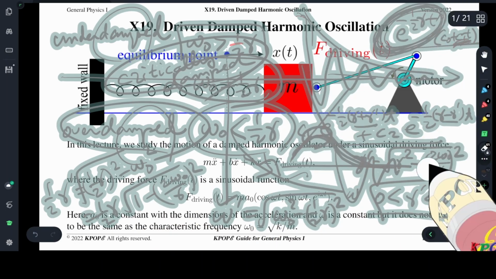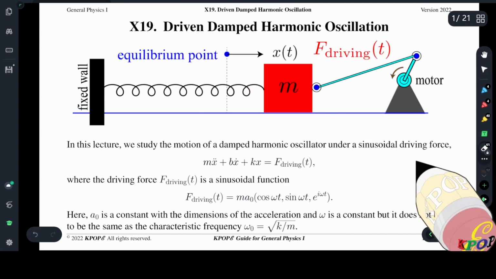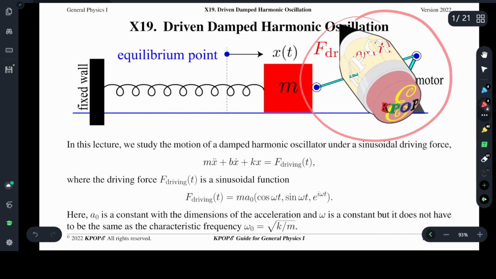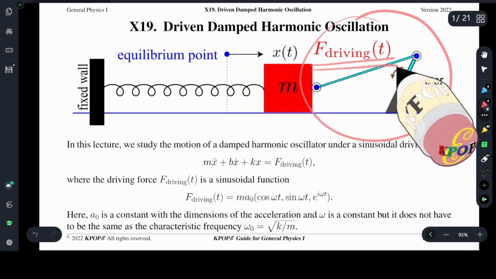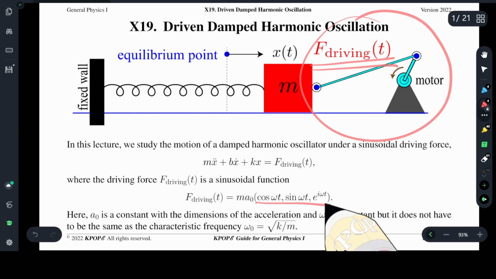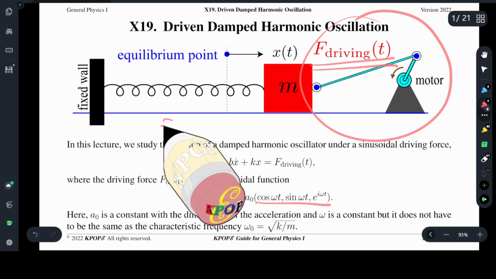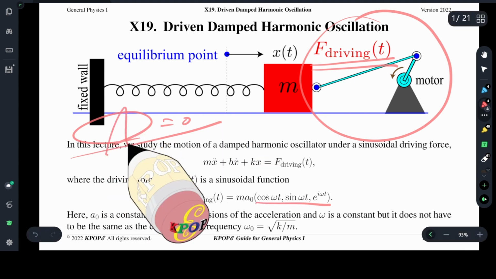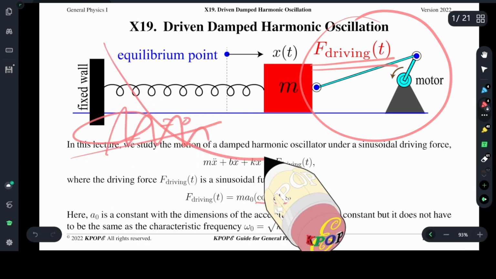So how can I continue this oscillation? The only way of keeping the oscillation against the presence of the damping force is the driving force. The simplest driving force that can be applied to a simple harmonic oscillator, the driven damped harmonic oscillator, is a sinusoidal function. Because the case of equals 0, without a driving force, has a sinusoidal and exponential product as the solution.